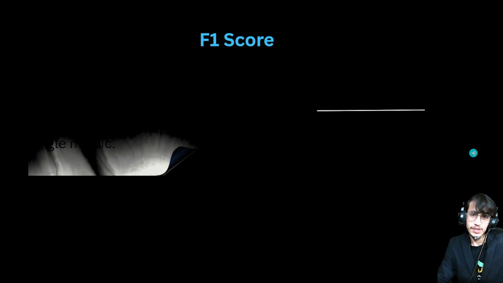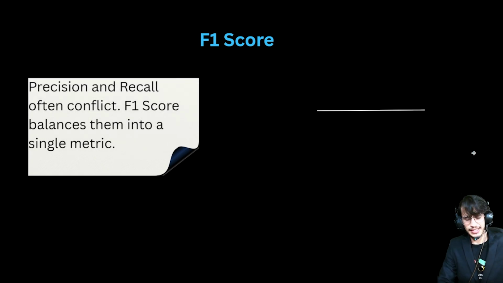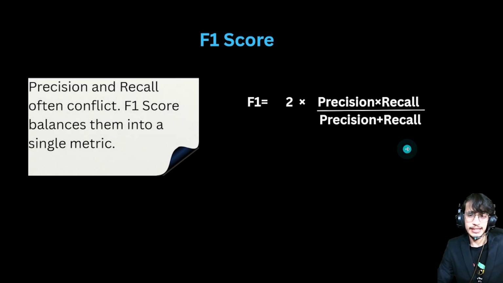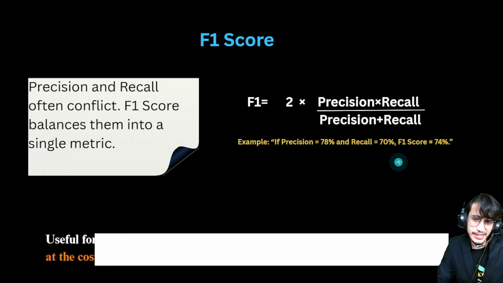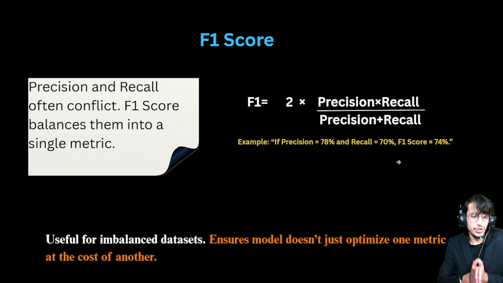Now you will ask, what if I want both precision and recall? Here there is the F1 score, which is calculated as 2 times precision times recall upon precision plus recall. So if precision is 78% and recall is 70%, then it is 74%. The F1 score is used when we need both precision and recall in a harmonious way.